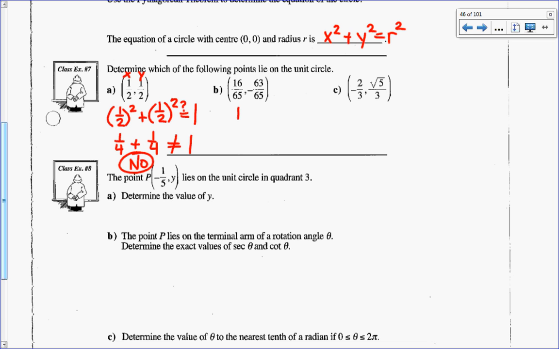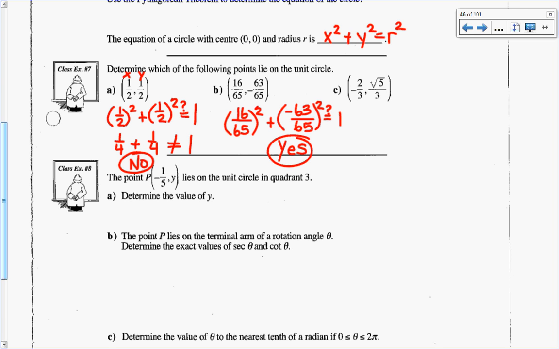We'd have to have 16 over 65 squared, and if we added that to negative 63 over 65 squared, that would have to equal 1. Okay, and in fact it does. So if you plug that into your calculator, you would get that 16 over 65 squared plus negative 63 over 65 squared does equal 1. So that tells you that that point does lie on the unit circle.